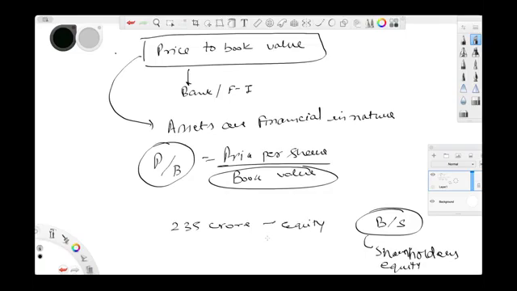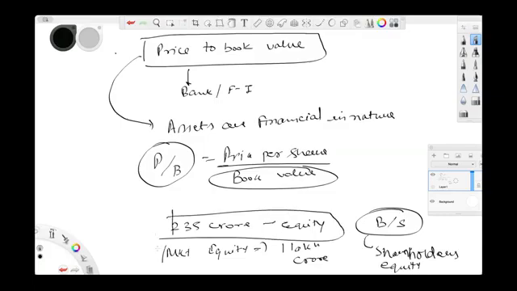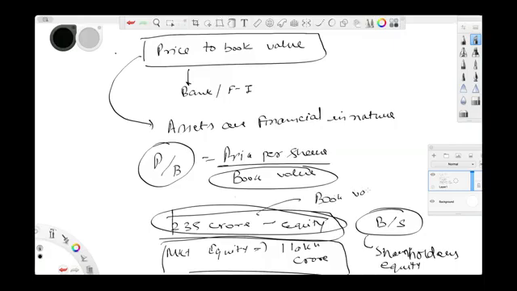But if you look at the market value of equity now, it is somewhere close to 1 lakh crore. So this is the equity they raised, but the market value is this much. This original value of that equity is referred to as the book value, but this is the market value.